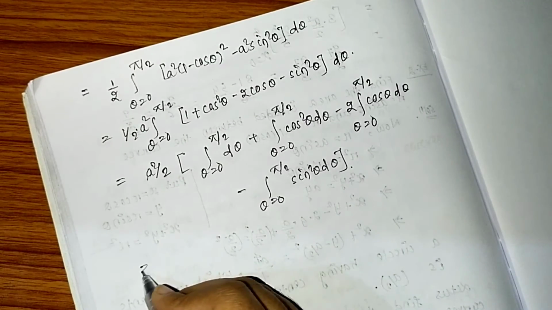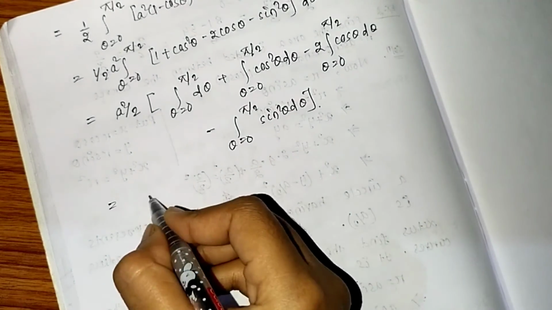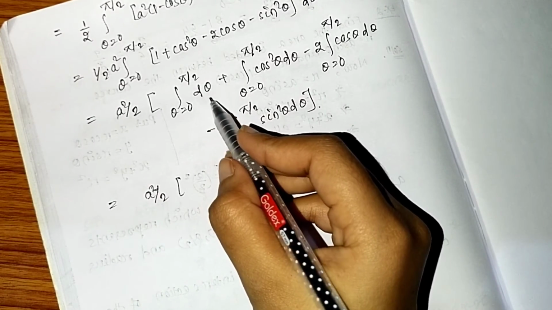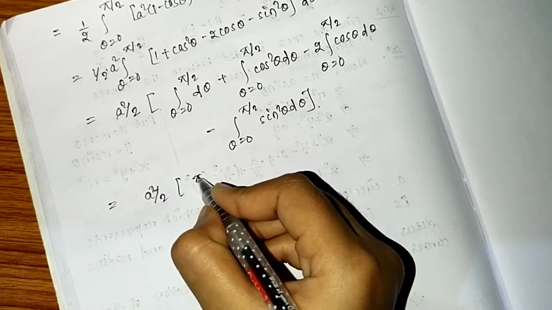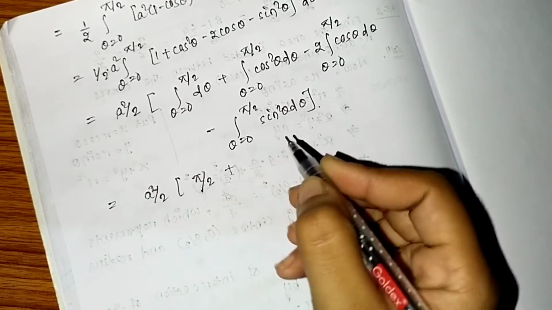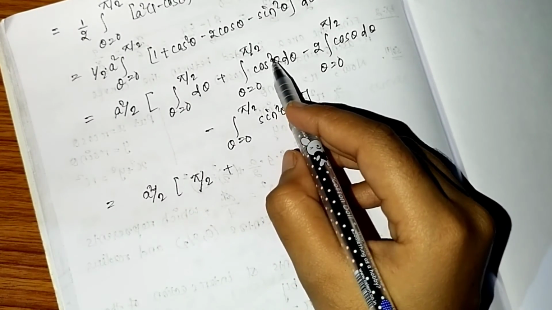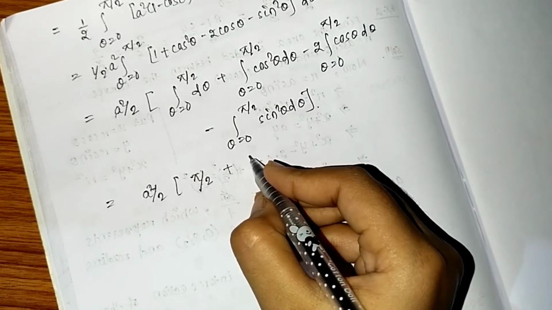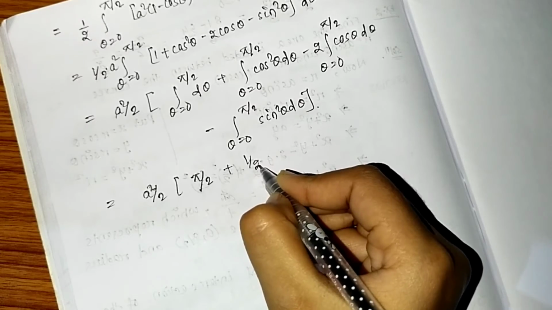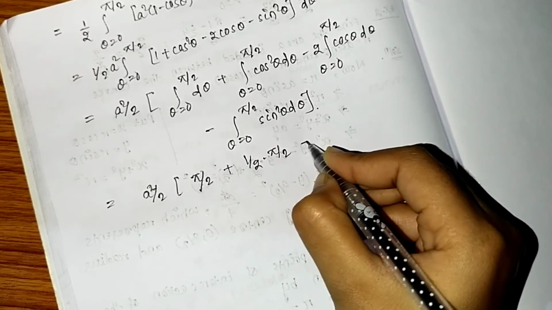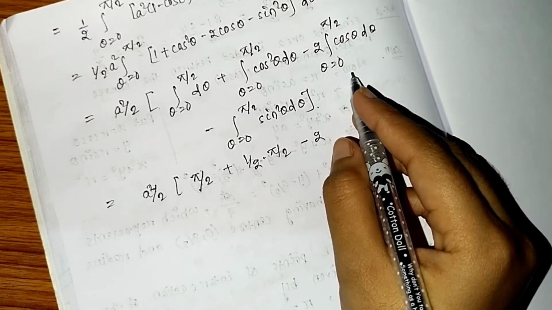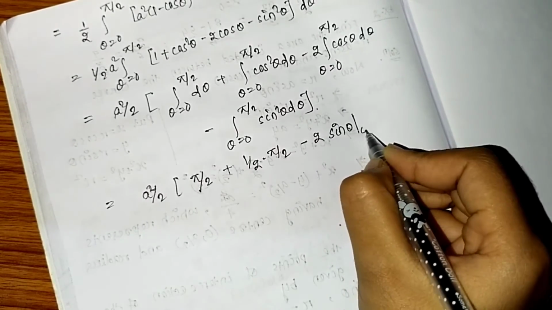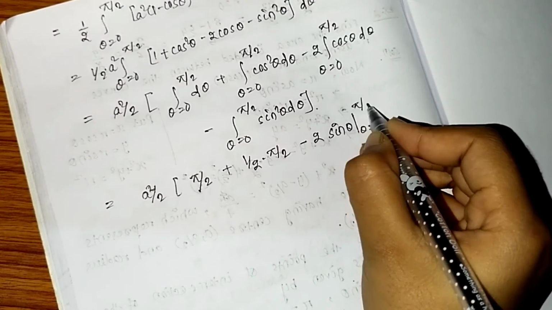Its integration is a square by 2 into theta, which gives pi by 2, plus cos square theta, where we use the reduction formula, giving 1 by 2 into pi by 2, minus 2 into sin theta from 0 to pi by 2.